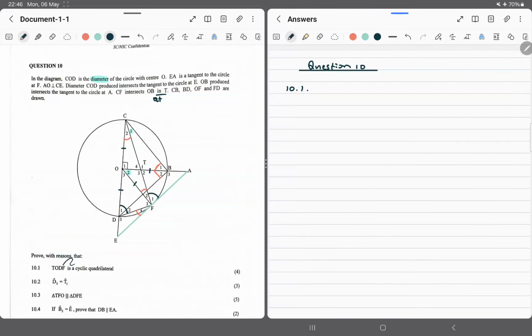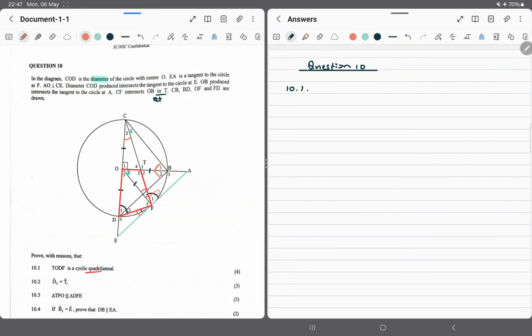10.1 says, prove with reasons that TODF, where is that? TODF, okay? So we see there is that TODF. Nice. We need to prove it's a cyclic quad. Okay, that's easy. We already have the exterior angle 90 degrees. We know this is the diameter.